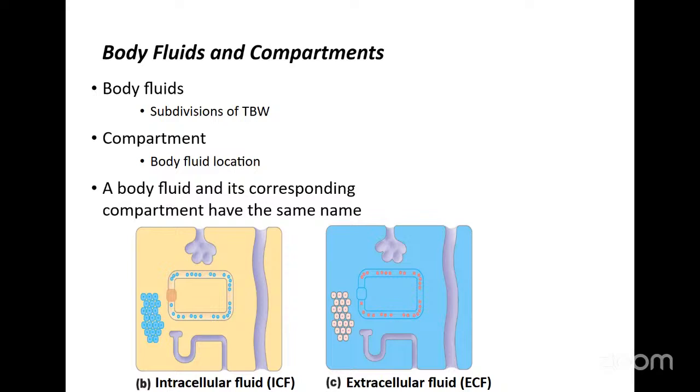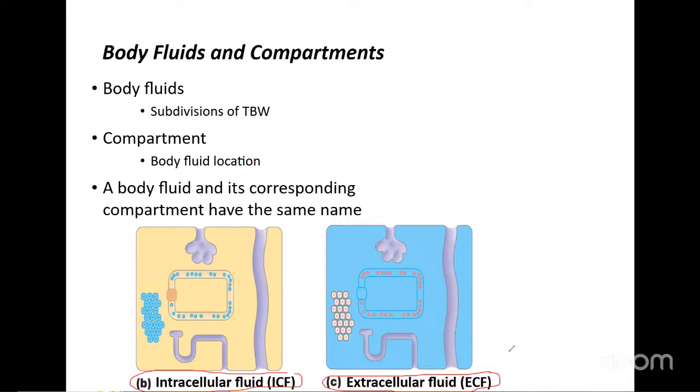When we think about the fluid versus the compartment, they're named exactly the same, so we don't really have to differentiate that. The first thing we're going to divide our total body water into is our intracellular fluid versus our extracellular fluid. We just saw that the extracellular fluid is part of our internal environment, the environment that surrounds our different types of cells.